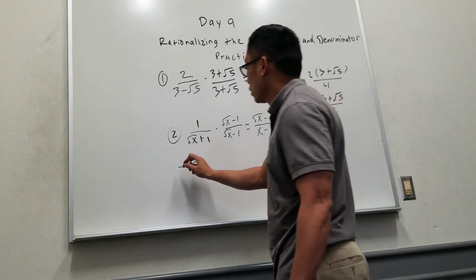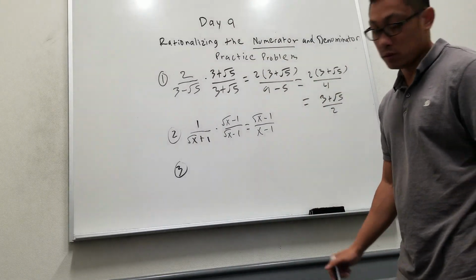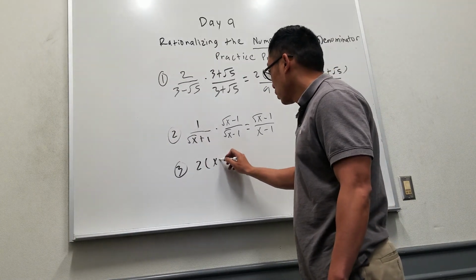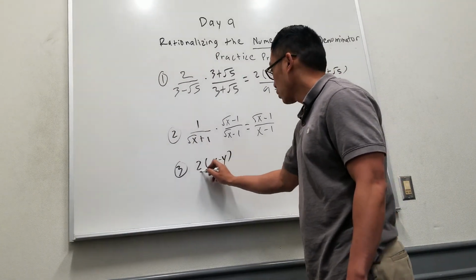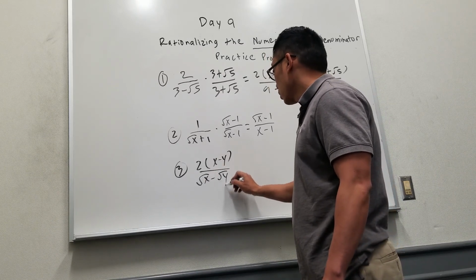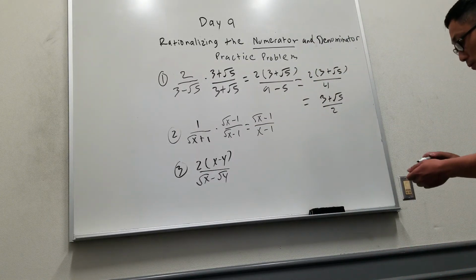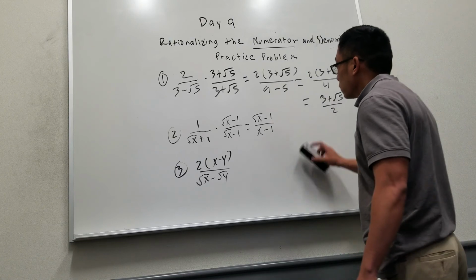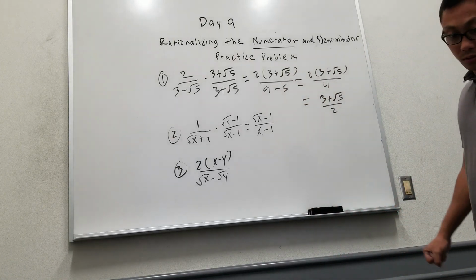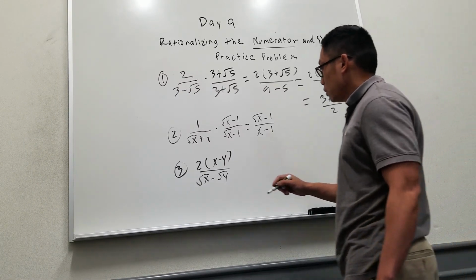Alright. Number 3. We have 2 x minus y over square root of x minus square root of y. Okay, I'm gonna keep that for now. So what should I do?